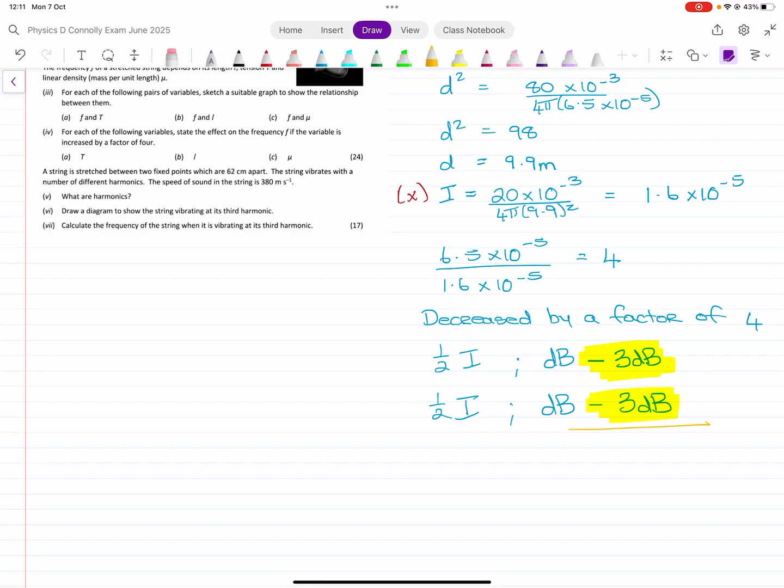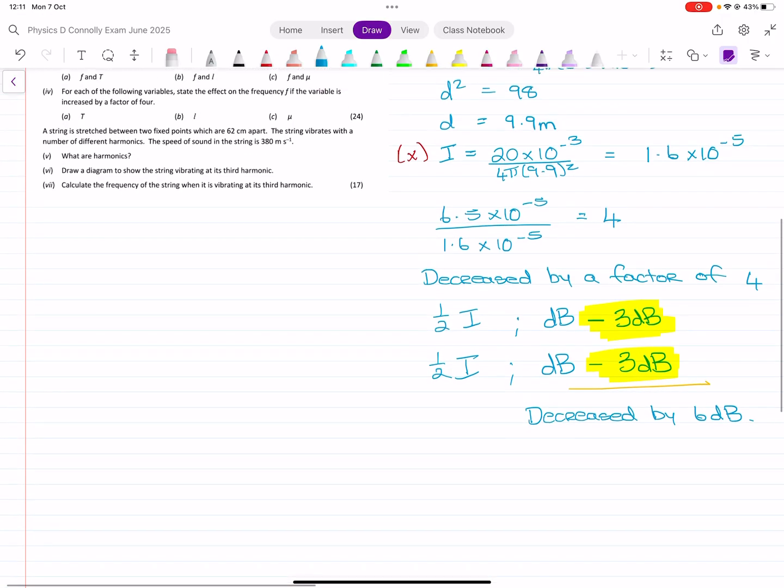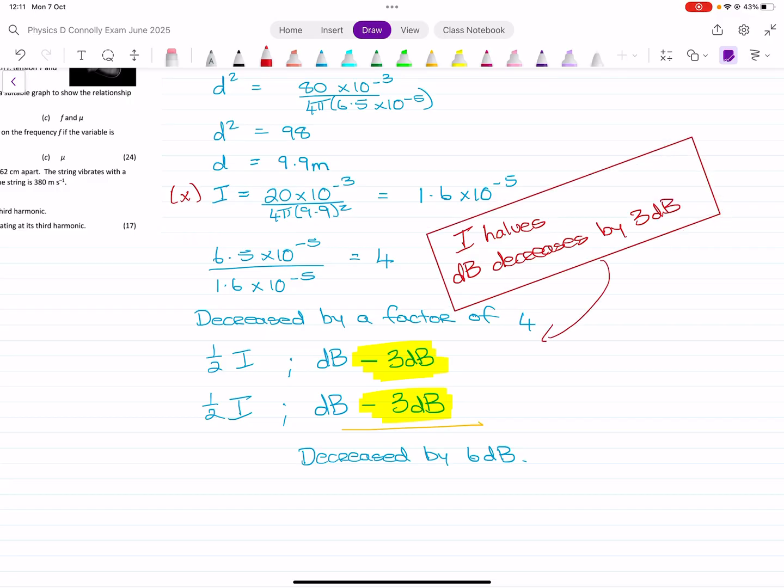So that means in total, the sound intensity level is going to decrease by 6 decibels. Every time the sound intensity halves, we made a note of that in the book. So if the sound intensity halves, the sound intensity level decreases by 3 decibels. That's what I'm using there.